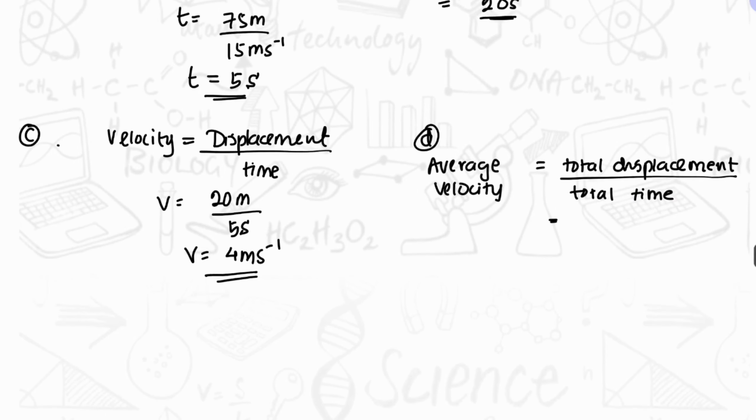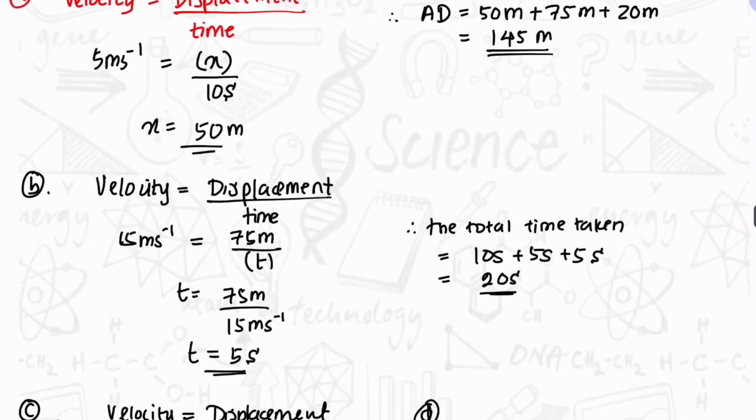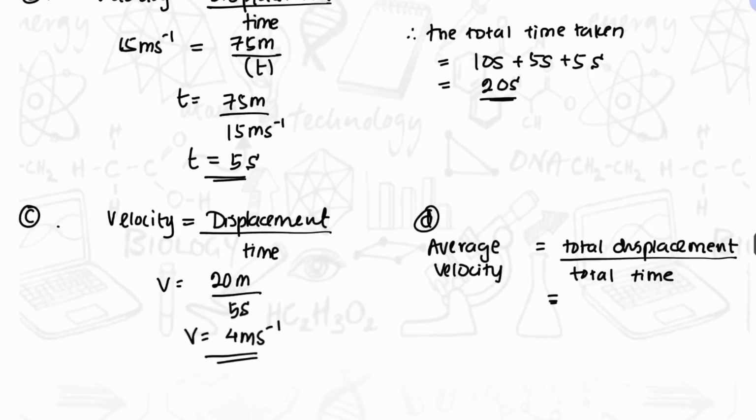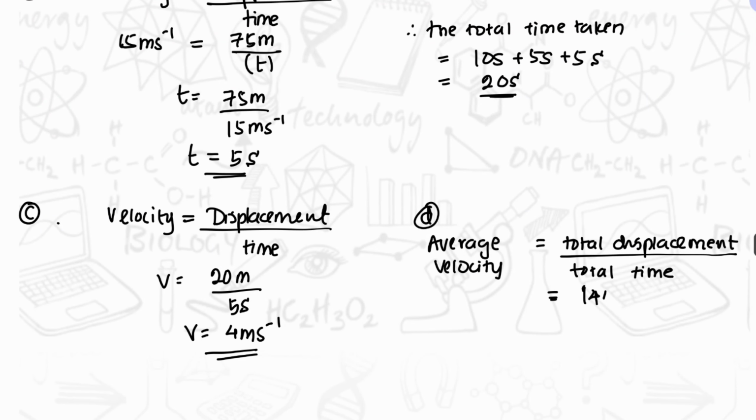We already calculated the total displacement, that is 145 meters, divided by 20 seconds. Then we get the answer 7.25 meters per second.